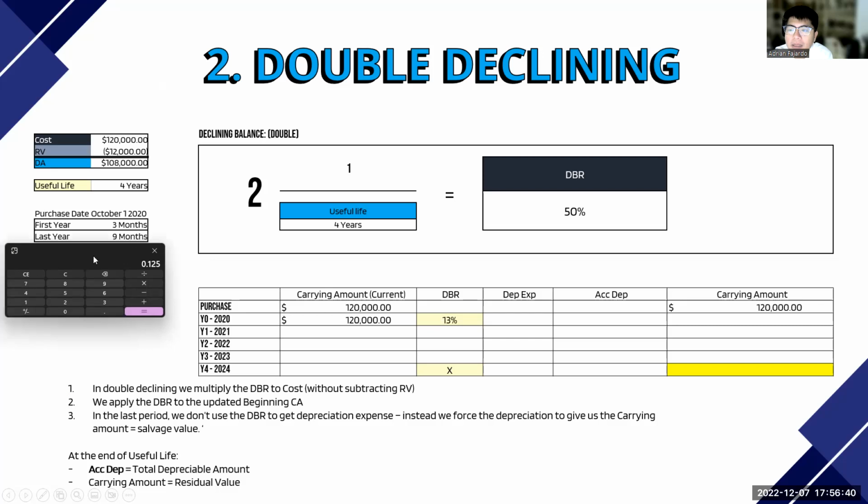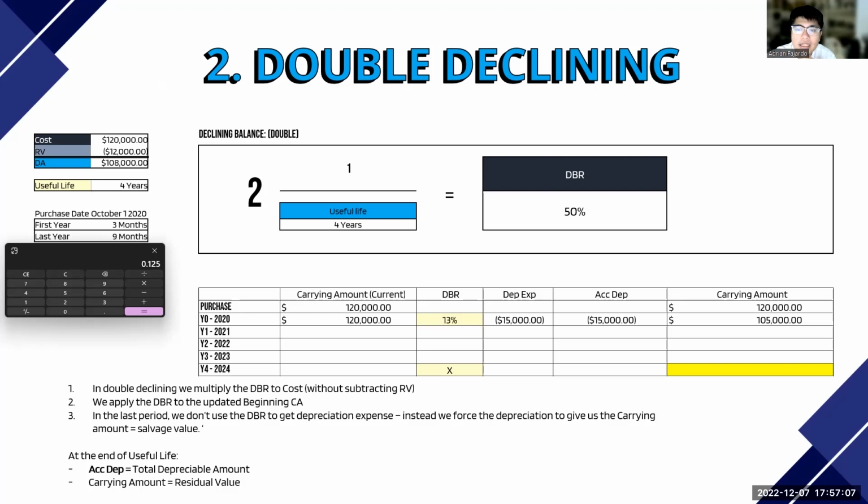So you multiply that by the carrying amount to get your depreciation expense of 15,000. You have an ACDEP of 15, and then your carrying amount is 105. And then, smooth sailing na tayo after that mid-year purchase. So ang nagpa-complicate lang is si October to December. 3 months worth. Kaya 50% annual DBR times 3 over 12. Kaya depreciation expense is 15,000 lang.